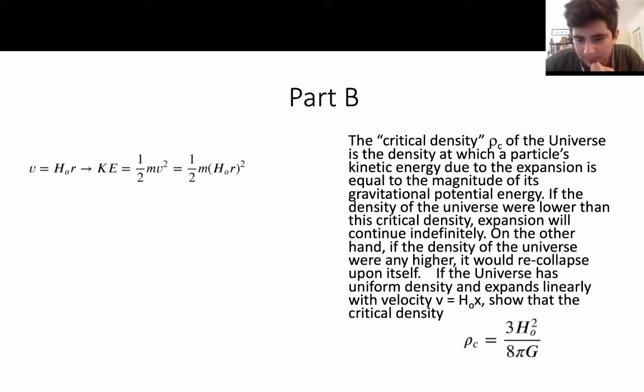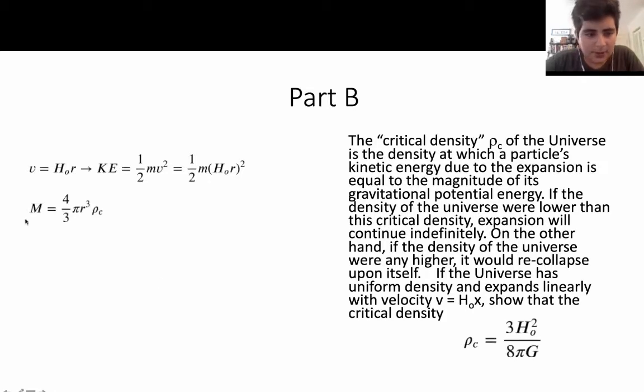So now let's find the gravitational potential energy. Well, the first thing we need is the mass, specifically the mass of the universe. And this is where we can introduce this critical density variable. You probably know that density is equal to mass over volume. So the mass is going to be equal to the density times the volume.